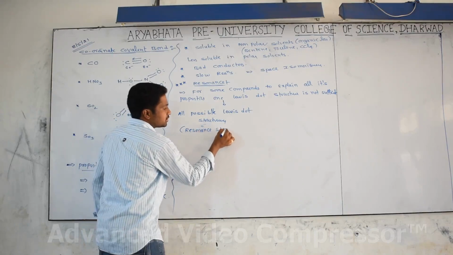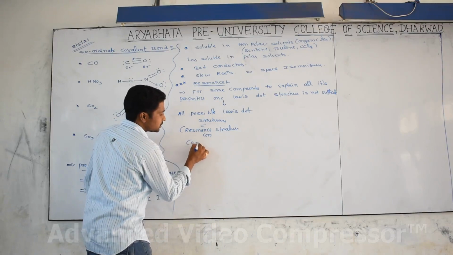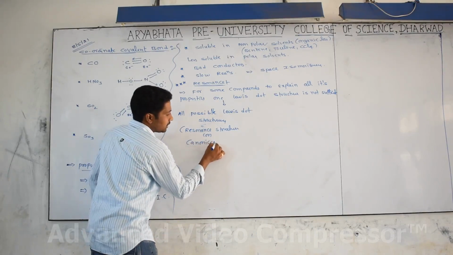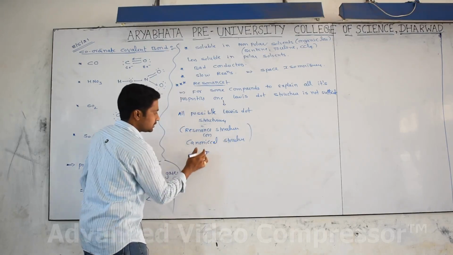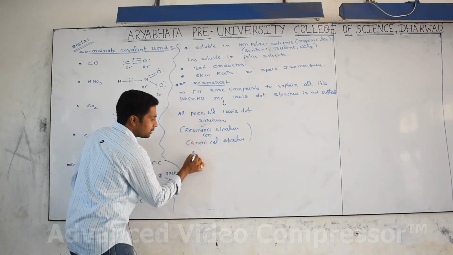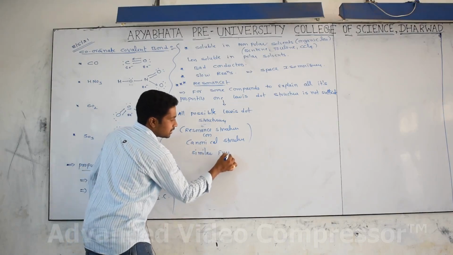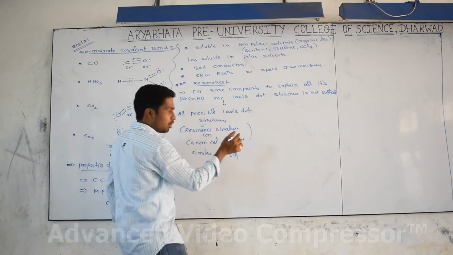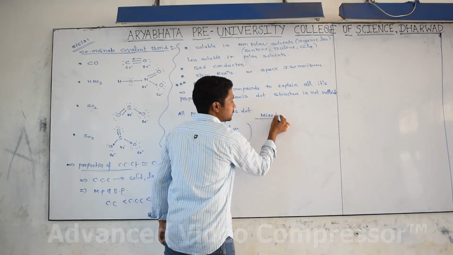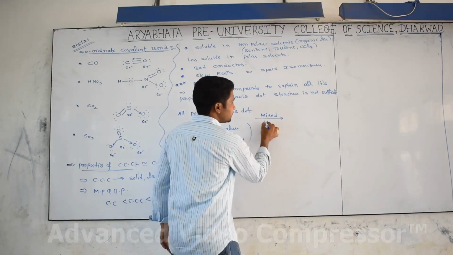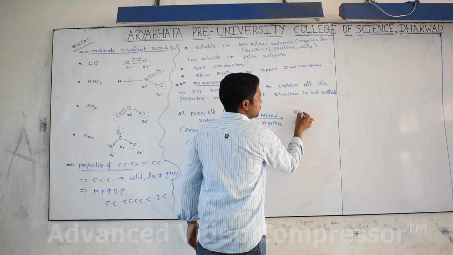So these all possible Lewis dot structures are specially called resonance structures. Resonance structures are also called canonical structures. All these resonance structures have similar energy, and all those possible structures are mixed together, and then we get a resonance hybrid.